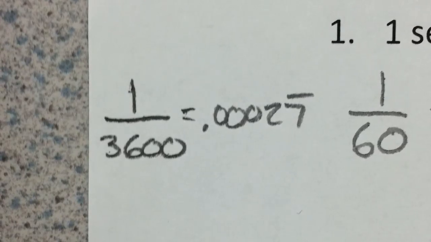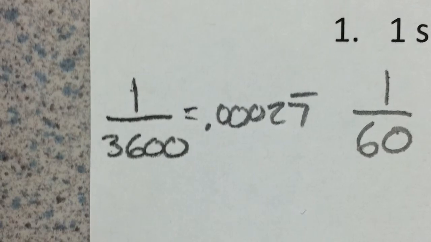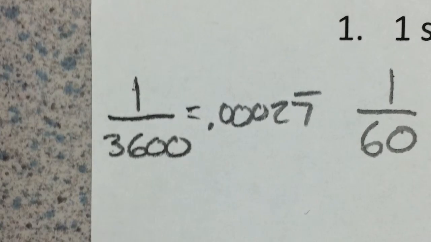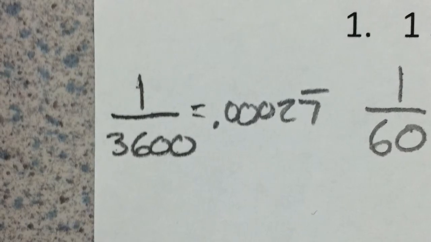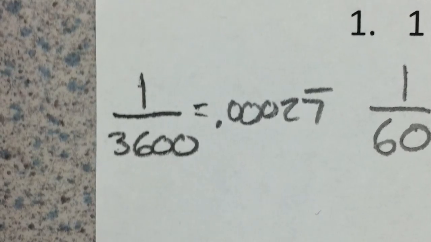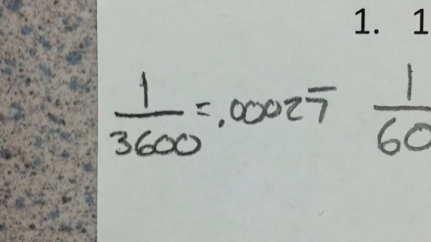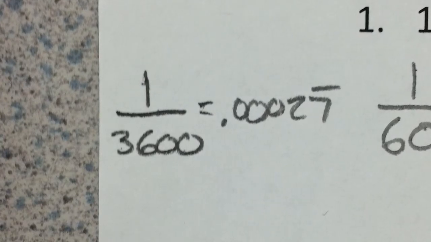So 60 times 60 is 3,600. So if you prefer to go one step at a time, divide by 60 again, that's fine. Do that. If you prefer this shortcut where you just divide once by 3,600, then do that.